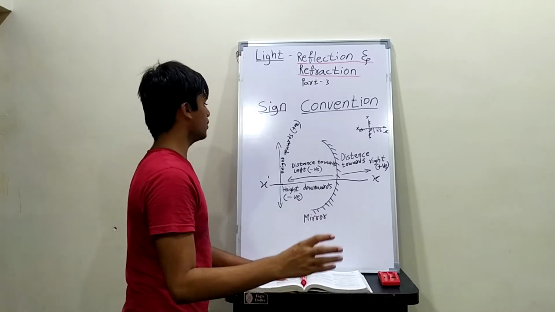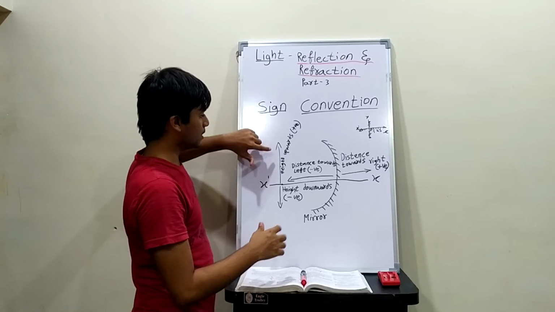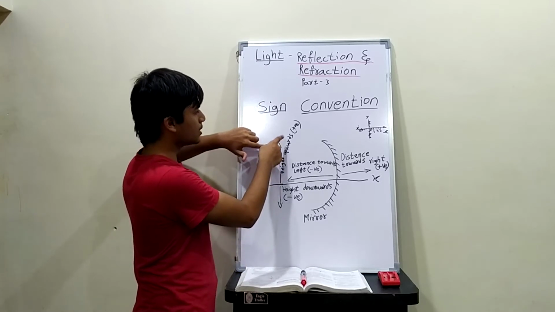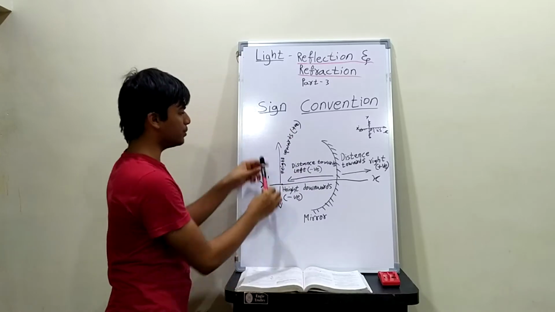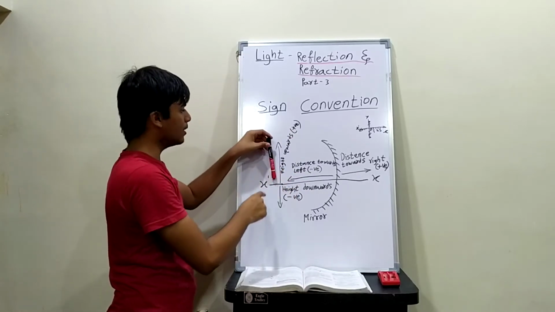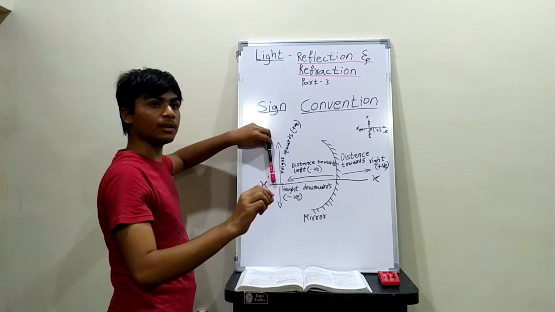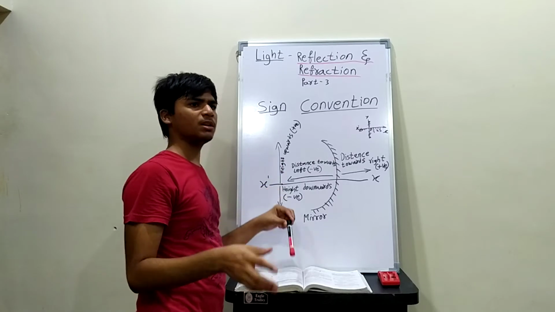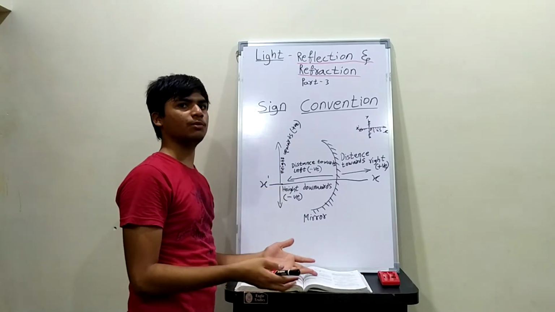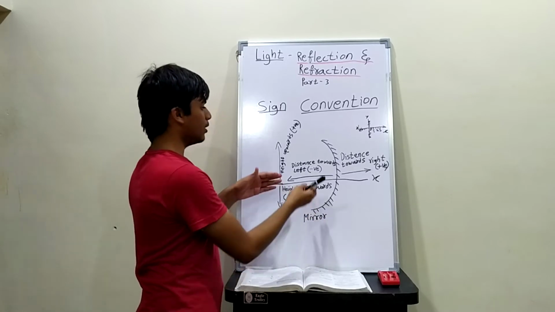Concentrate on what I'm going to tell you. Usually here, the upward direction, height upwards, is calculated as positive. Like if you keep an object here, an object of 6 centimeter height, this height, when you write it in numerical problems, you have to take it as positive height. You might think, sir, how can it be negative? Well, let me tell you about this.